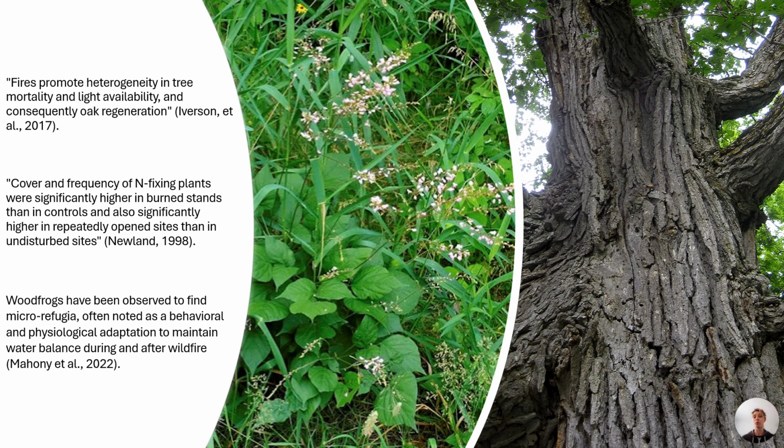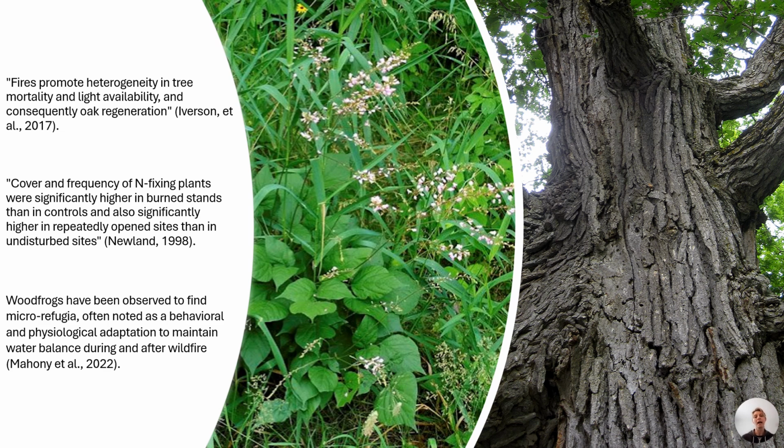Studies show that both cover and frequency of nitrogen-fixing plant species are higher on burned sites, while ephemeral plants like shooting star and great white trillium emergence is seemingly timed for mid to late spring after historic dormant season fires that clear away detritus and oak leaf debris.